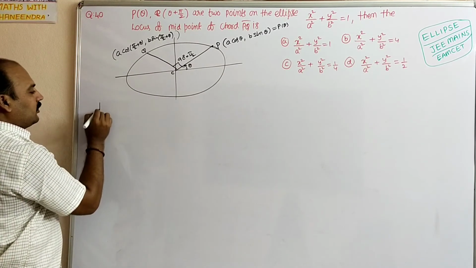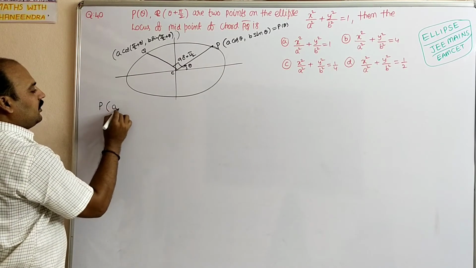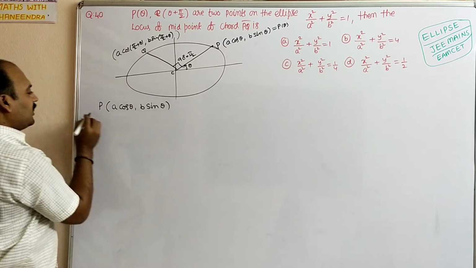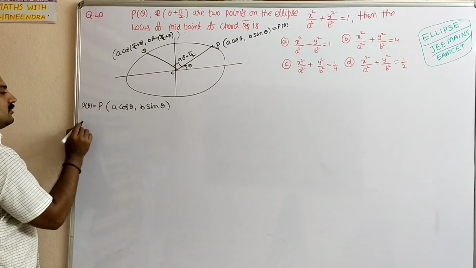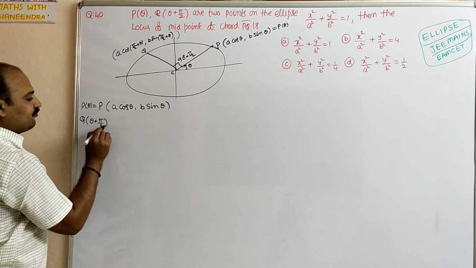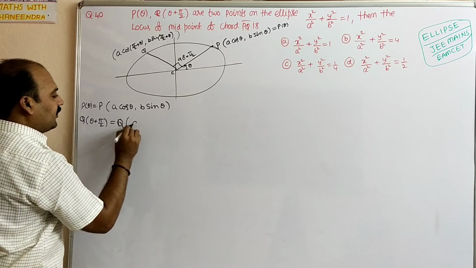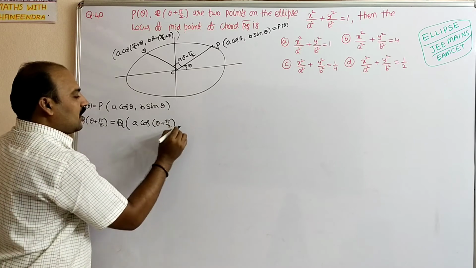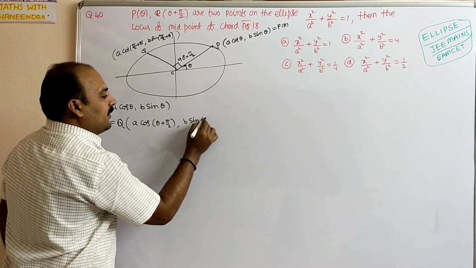Now, P of theta is a cos theta, b sin theta. Q of theta plus pi by 2 is Q of a into cos of theta plus pi by 2, comma, b into sin of pi by 2 plus theta.